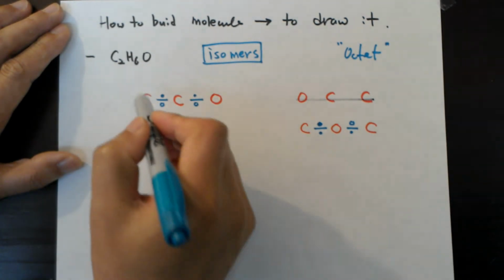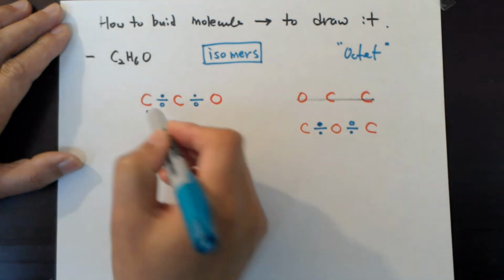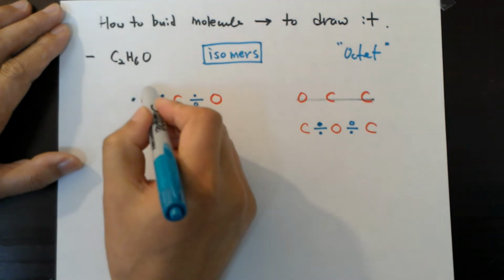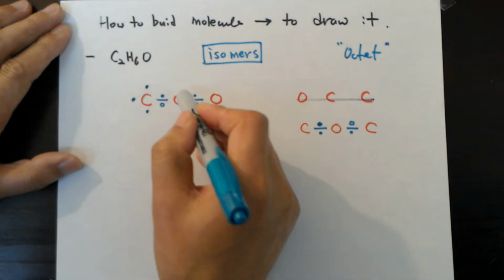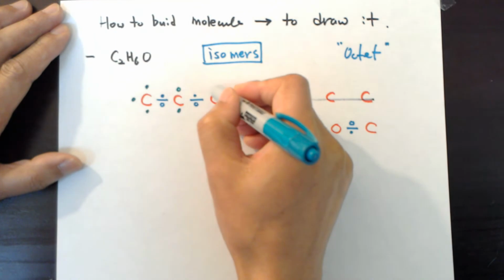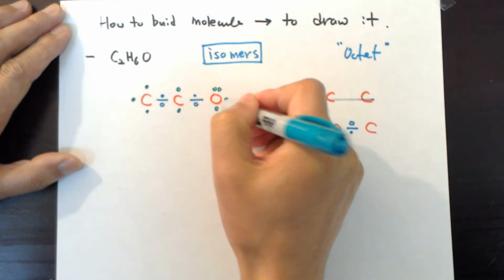So you start putting electrons, like a second one after this first one, then the third and the fourth, and the same for this one, 4. Then the oxygen has 6 in the neutral state, so 1, 2, 3, 4, 5, and 6.